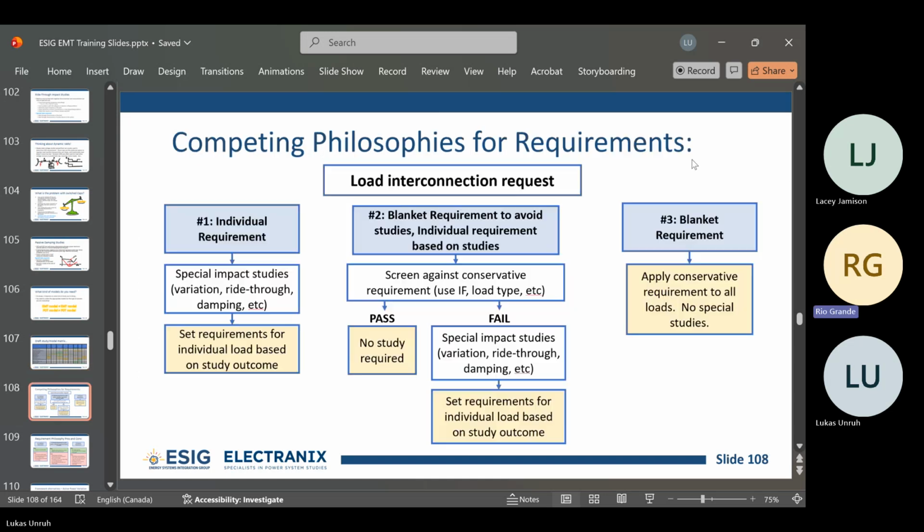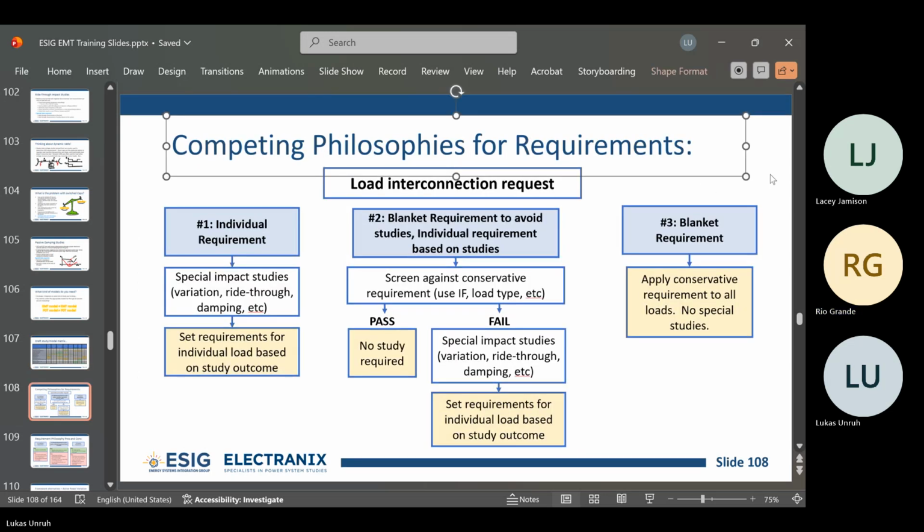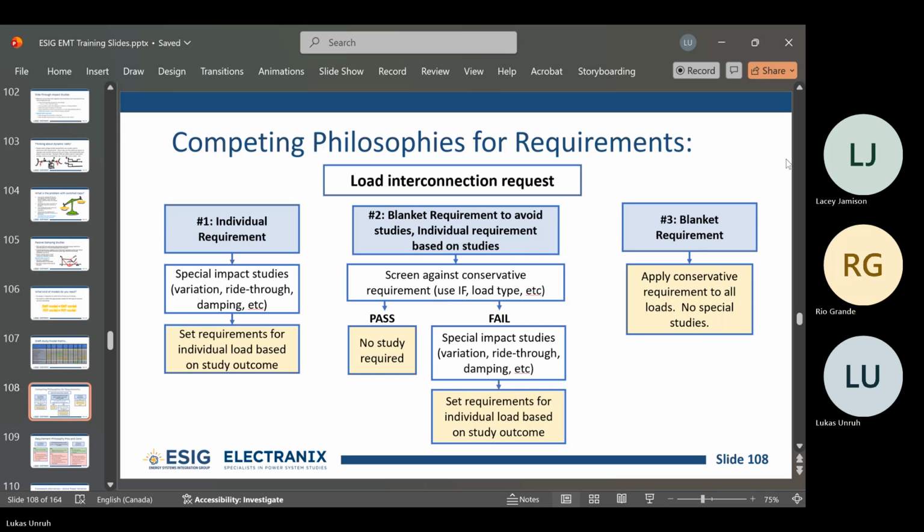It's his fault. So, all right, let's talk a little bit about different requirements that you might use to limit the sort of detrimental effects that the load characteristics have. The first one here would be individual requirements.